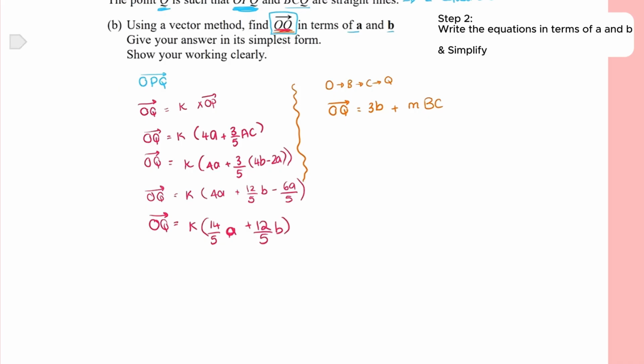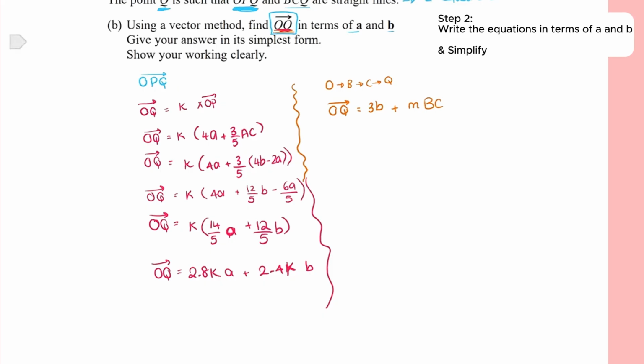Okay, now I can leave it as a decimal because it gives me a nice clean decimal. So OQ equals 2.8k a plus 2.4k b. Now, if I had k, could I then find this in terms of a and b?